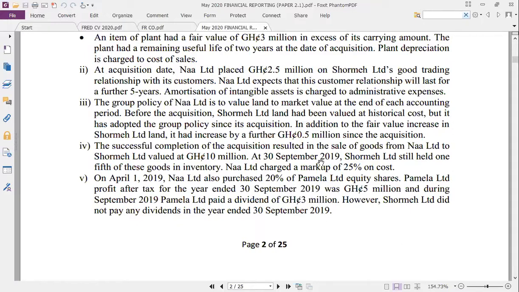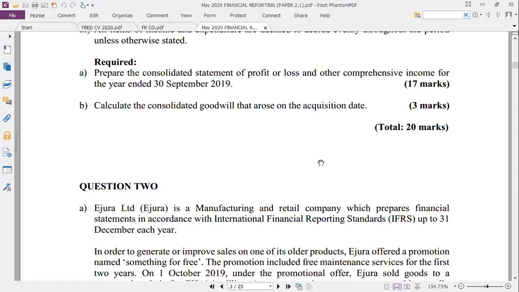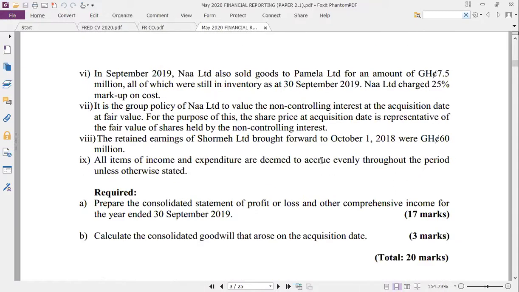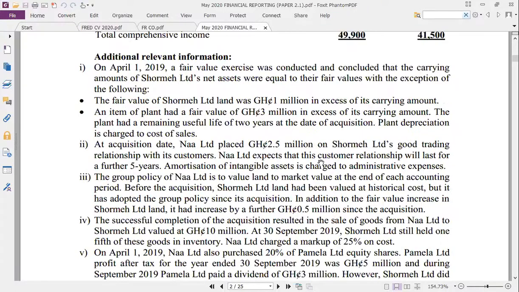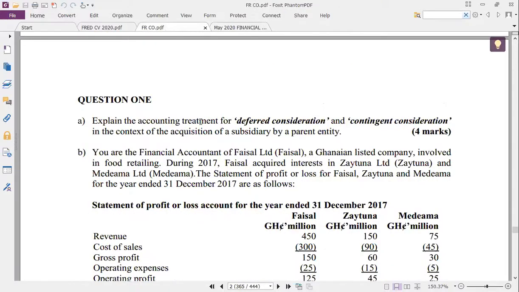So basically, that has been the game. If you check the November 2008 question, it asks you to explain the accounting treatment of deferred consideration and contingent consideration in the context of acquisition of a subsidiary by a parent. Good. So basically, you'll be fine.